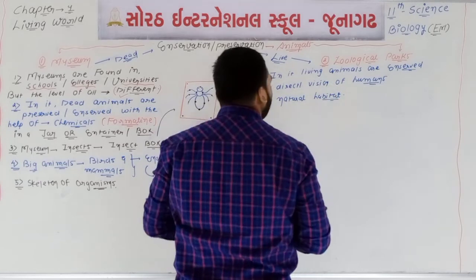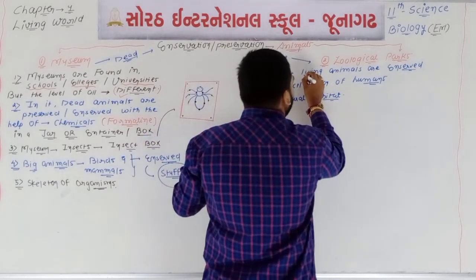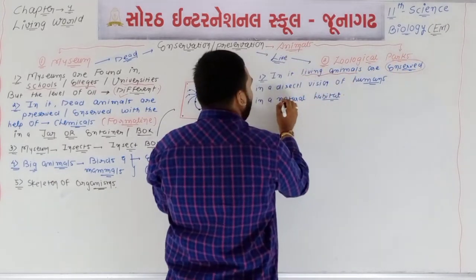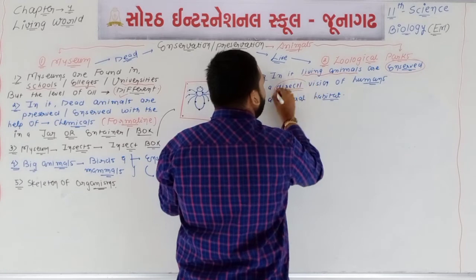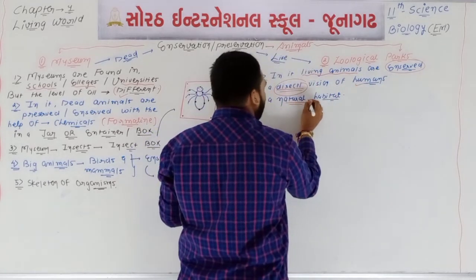So see, three different types of points are there. In zoological parks, the living animals are conserved in a direct vision of humans, or in a natural habitat.